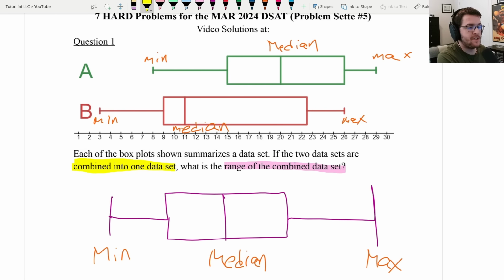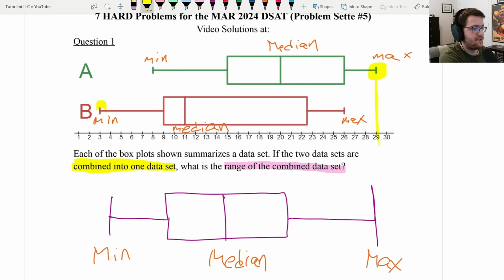So as you can see, if I look over on the right side of this graph, the rightmost data point is this whisker from the top one, which is the max. And I know this picture isn't great, guys, but I believe that's 29. And the leftmost data value, if we combine them together, is going to be the whisker from data set B, the red one.